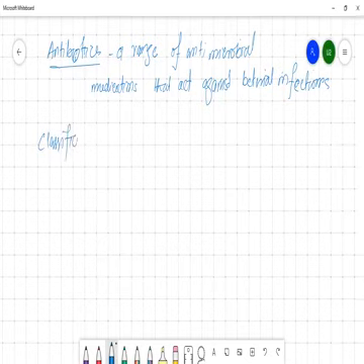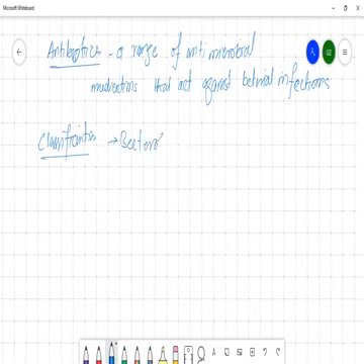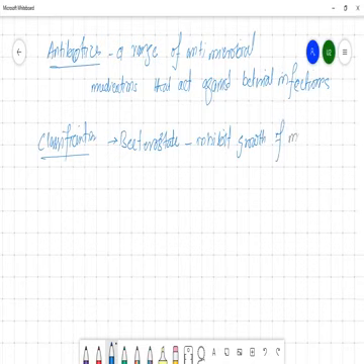On this basis, we have mainly two types. One is bacteriostatic, and bacteriostatic mainly works to inhibit or stop the growth of microorganisms or microbes.